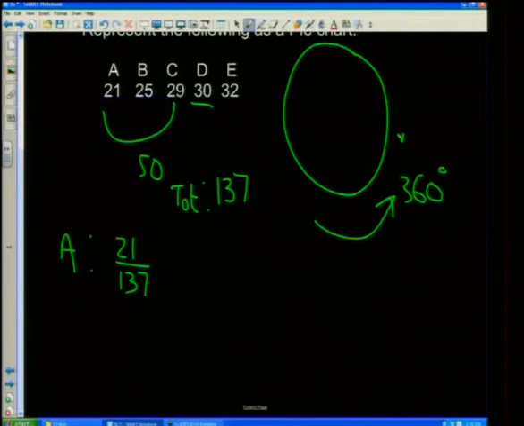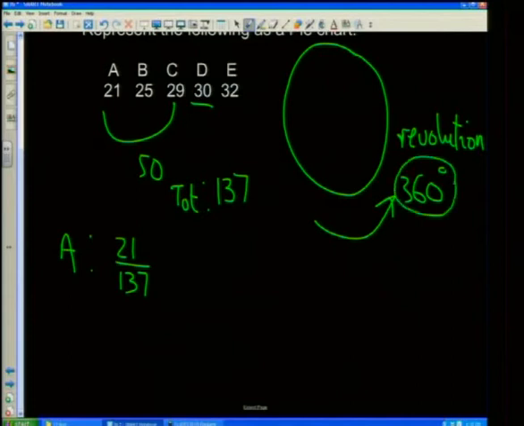A revolution is that angle that takes you all the way around, to complete a full circle. Now, if you want to know how you're going to represent this fraction, you'll have to multiply that by 360 degrees.